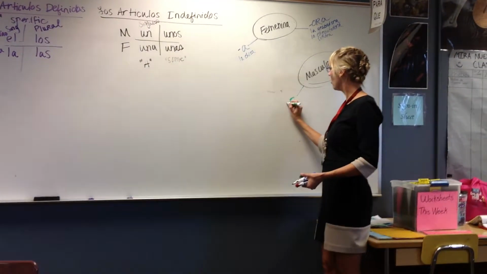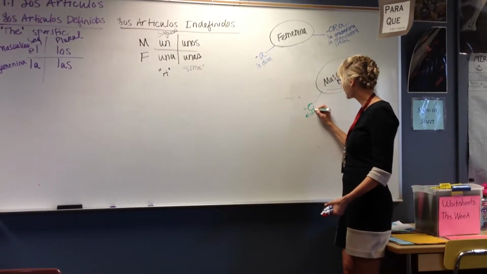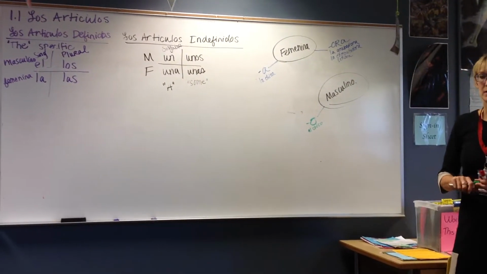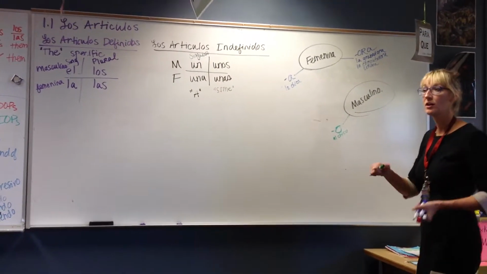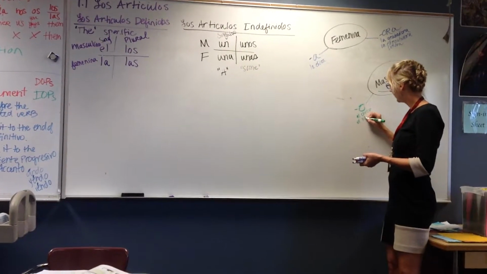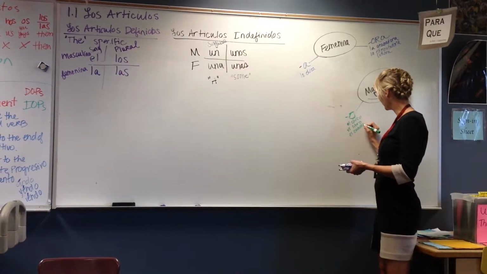O. So O is going to be one of our masculine endings, like el chico. Great example. How do you say the book? El libro. ¿Cómo se dice the notebook? El cuaderno. Good, muy bien.